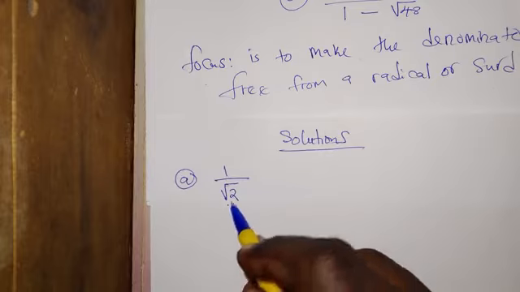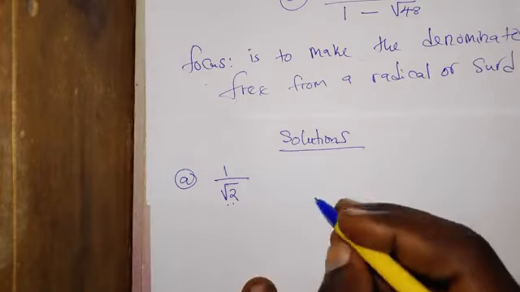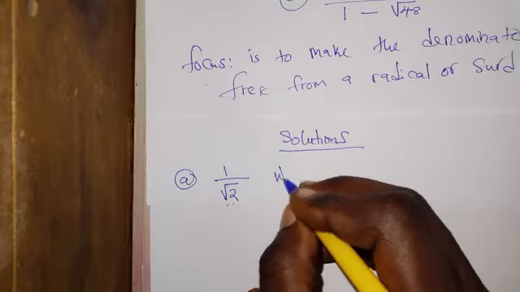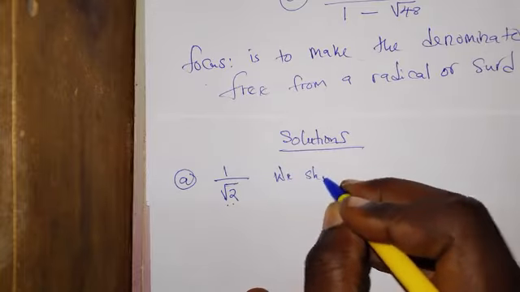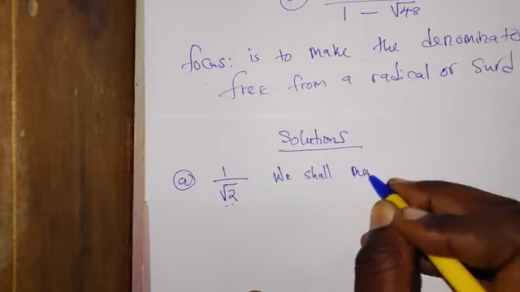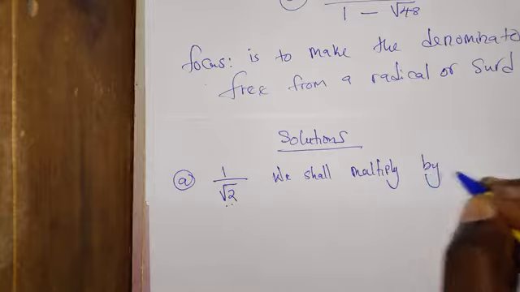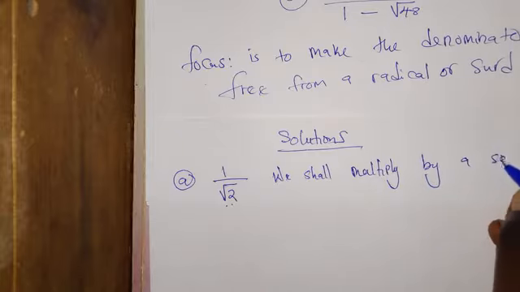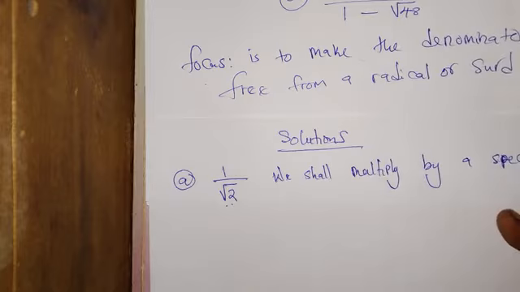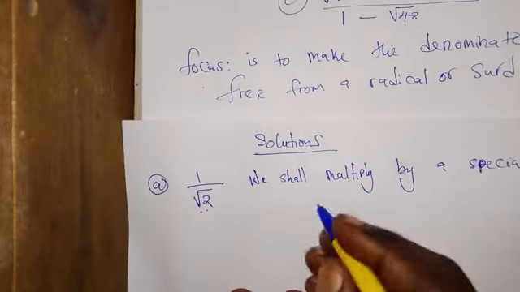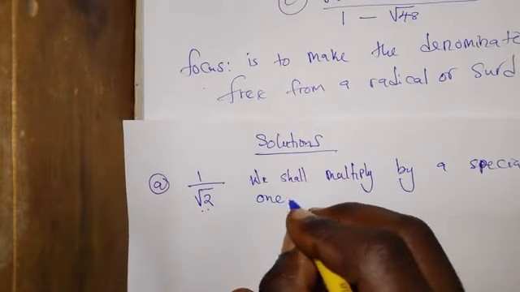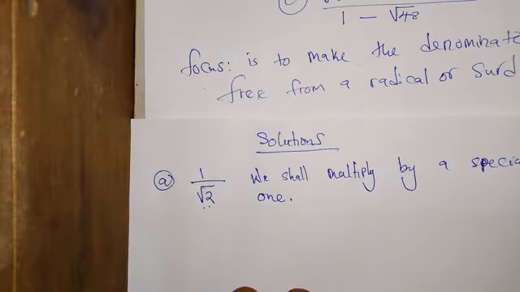How do I handle it? I'm supposed to multiply by a special one.